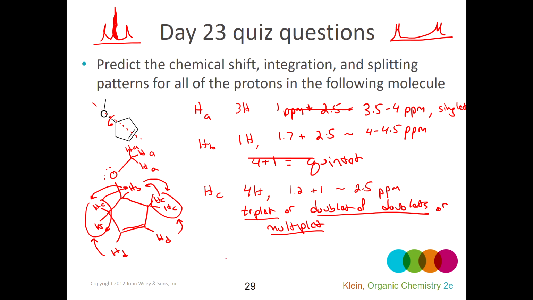So then for HD, there are two hydrogens of that type, so its integration would be twice the integration of HB, or half the integration of HC. These are directly connected to an alkene, so they should be between 4 and 6 ppm.